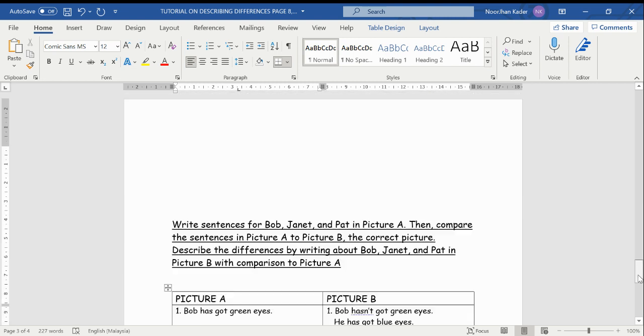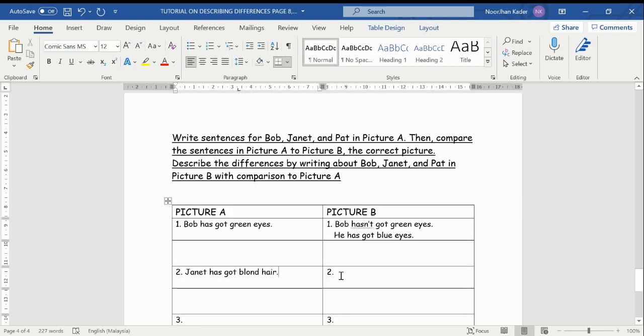Okay, so let's do this. So Janet hasn't. So you have to refute the sentence describing Janet in picture A because the correct one is picture B, Janet in picture B. Janet hasn't got blonde hair.